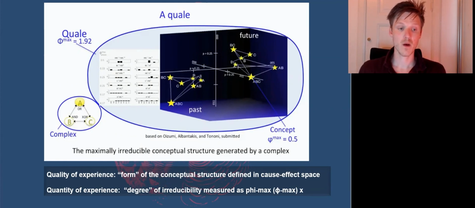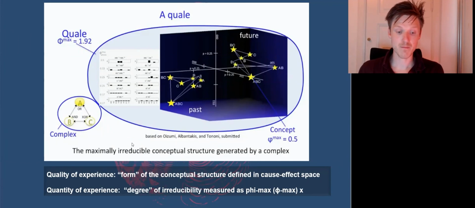And the quantity of the experience, or how much of you or anyone is conscious, the degree to which someone is conscious, is the amount of phi, or the maximally irreducible estimate of integration.